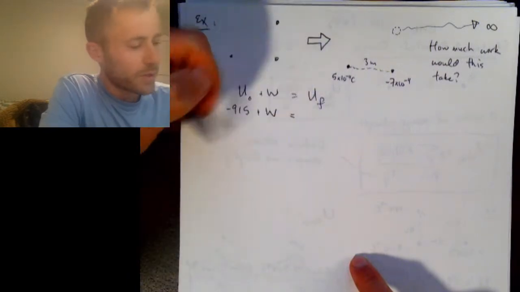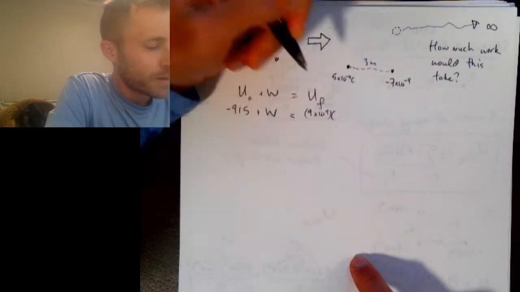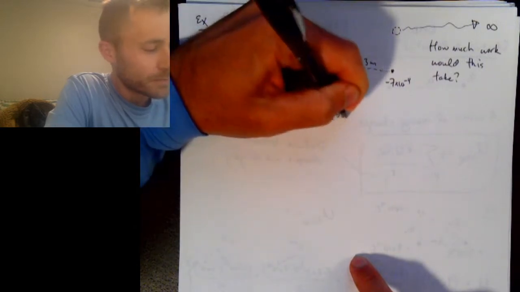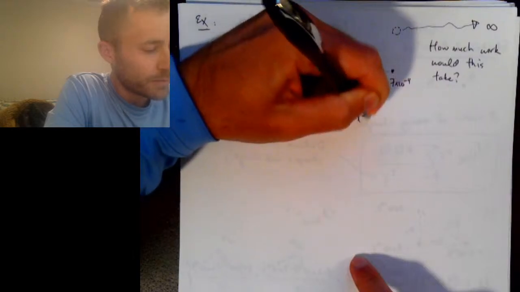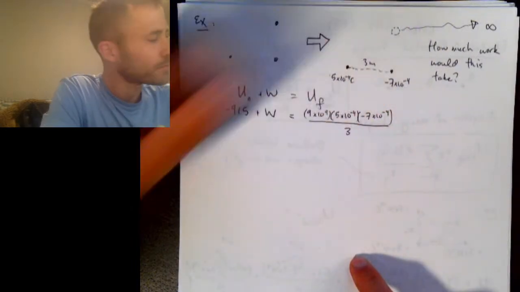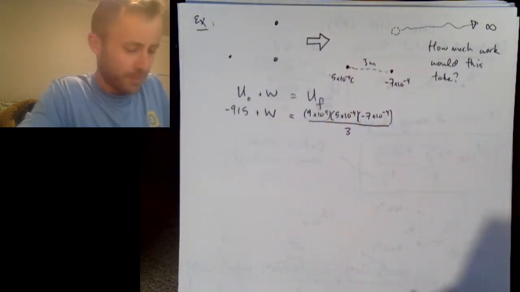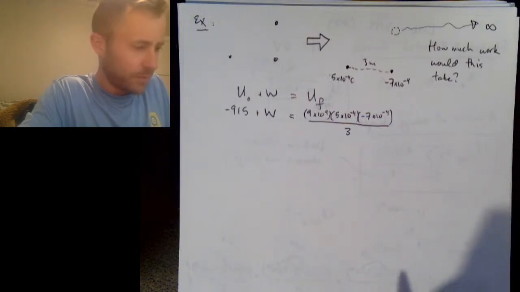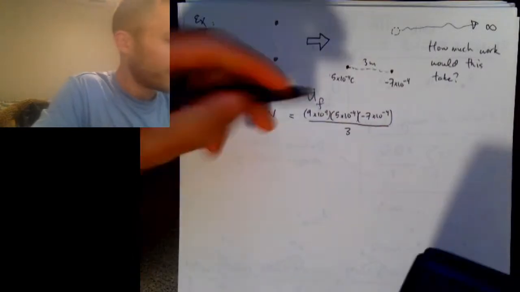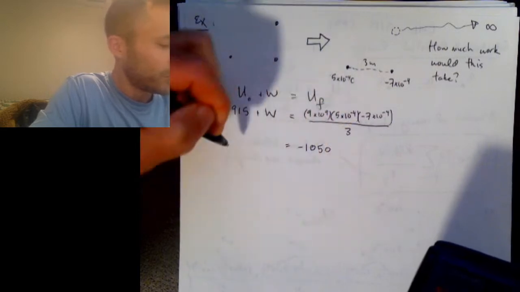The final electrical potential energy is therefore K Q1 Q2 over R. Let me plug this into my calculator, and I get negative 1,050 joules.